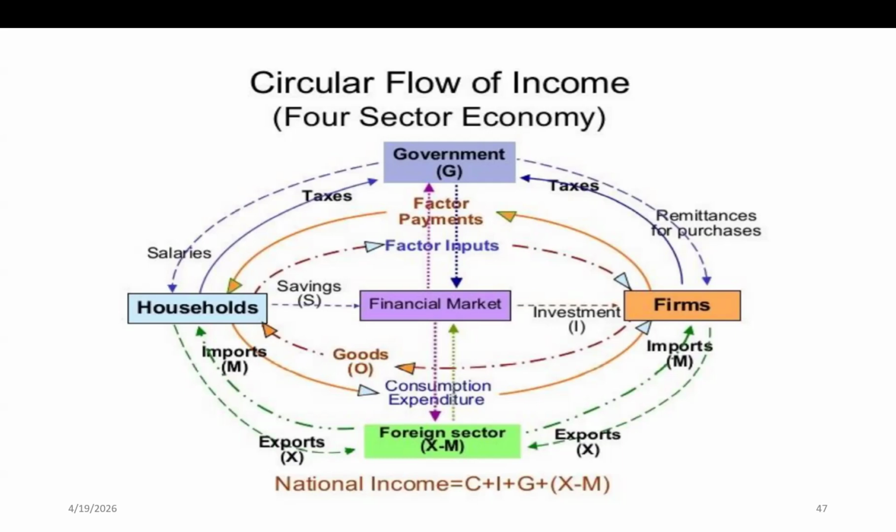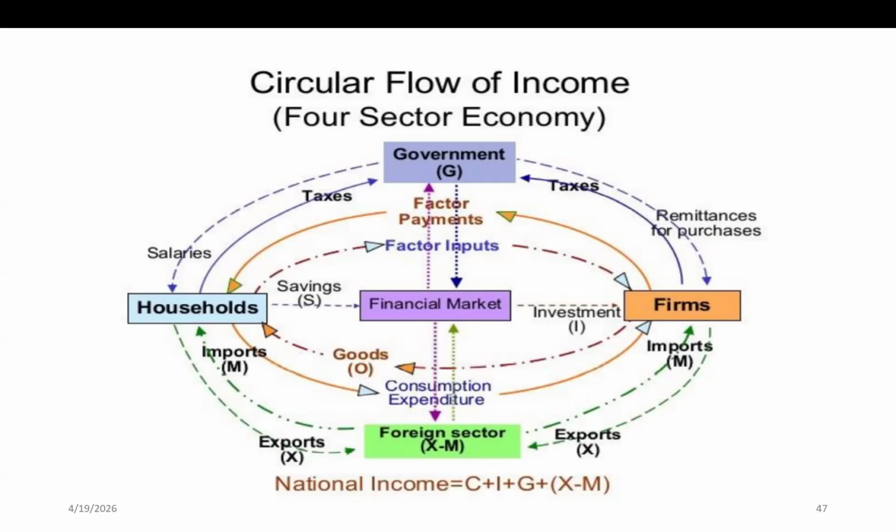And there will be some transfers from the households to the foreign sector, that means people are going abroad to work, right? And then foreign people come to our country to work, right? So those are also real flows, right?